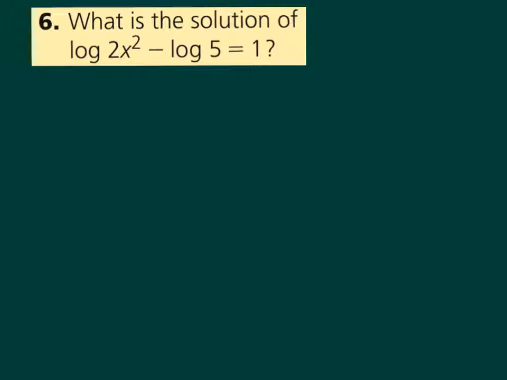Same idea here. We want to rewrite it in exponential form to solve it, but we have no idea how to rewrite it in exponential form if there are 2 logarithms present. So instead of dealing with 2, we want to condense that left side into one single logarithm using, in this case, because it's subtraction, the quotient property.